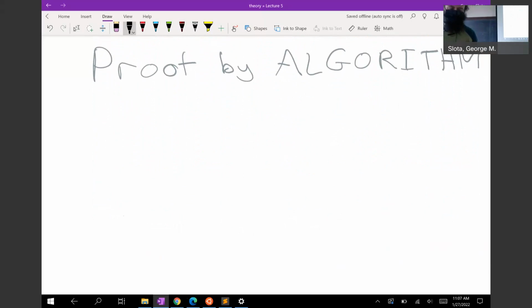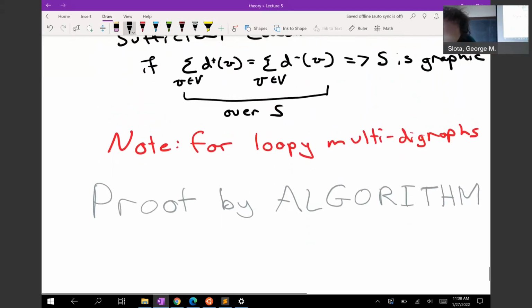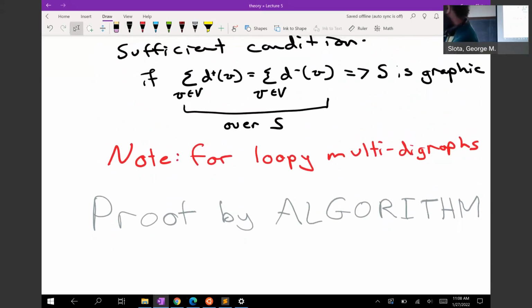So when we're doing a proof by algorithm, really, if we're able to create algorithmically a realization of a graph given a sequence that has the property that sum of the integers equals the sum of the out degrees, then we're pretty much done. You get the power of proof by algorithm. So what we're trying to show again here is that if sum of the in degrees equals the sum of the out degrees over all degree pairs in a sequence, then that is realizable as a loopy multi-digraph.